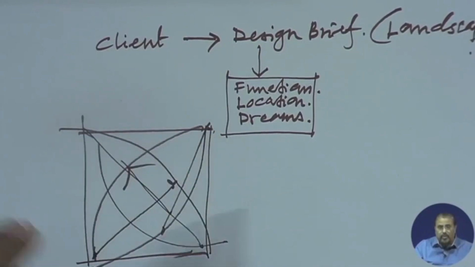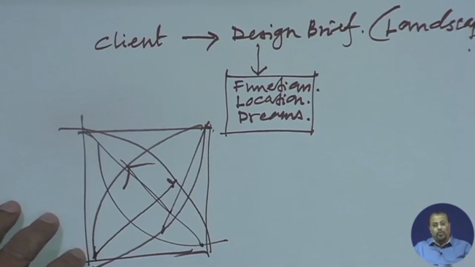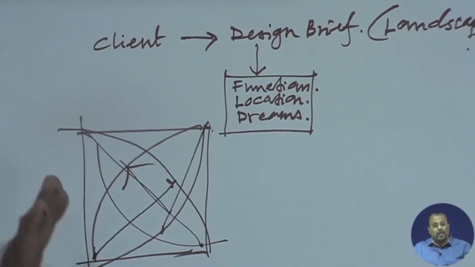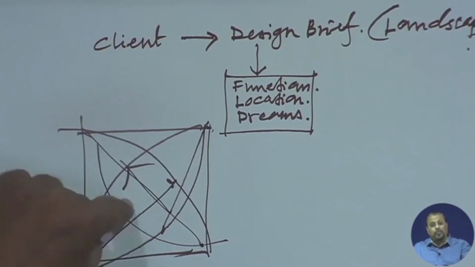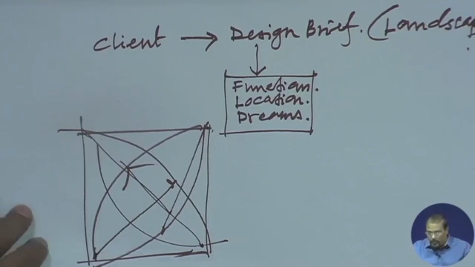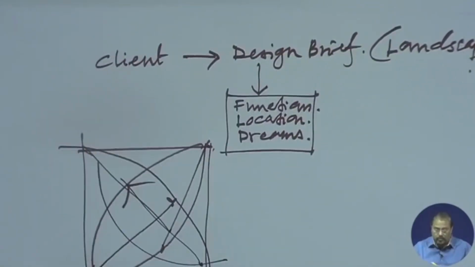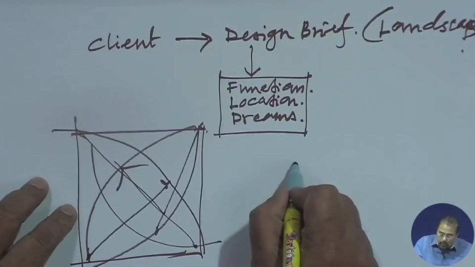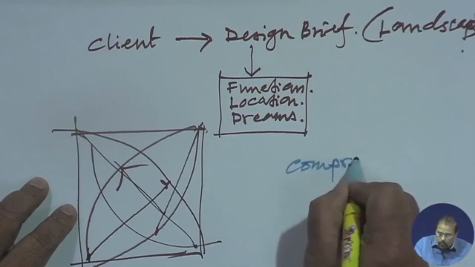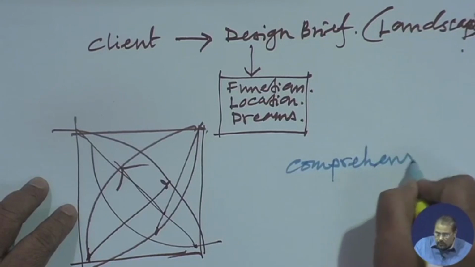So basically, you are trying to see the entire site from different corners, maybe. Not that every time the corner will be very easily accessible. My point is, it's not the corner or the edge, it is the vantage points from where you can get the best comprehension of this. So reconnaissance is for your own comprehension of that site.